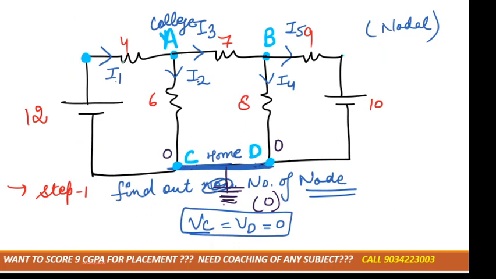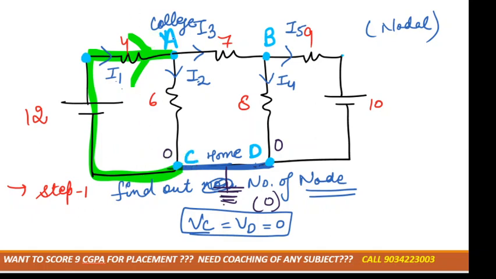Now for I1, we have to see where your friend I1 is moving from and to. You can see whether I1 is moving from home to college or college to home. Just see the direction also. Home to college. What is the potential at home? 0.